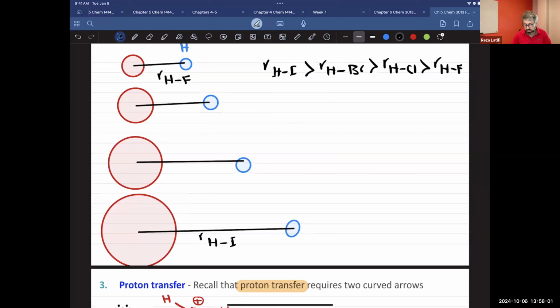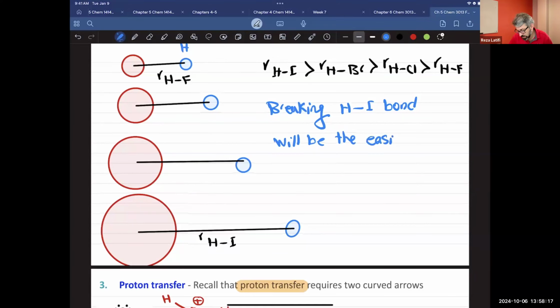So that means breaking the HI bond will be the easiest, or require less activation energy, because we were talking about activation.